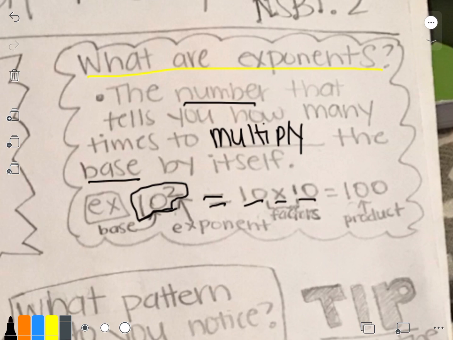And I multiply it how many ever times the exponent says. Now, what I don't want you to do is to say this is 10 times 2. It is not 10 times 2. It is 10 two times. I have a 10 here and a 10 here. And I multiply those together because my exponent said 2. My exponent said 2, so I have 2 10s.